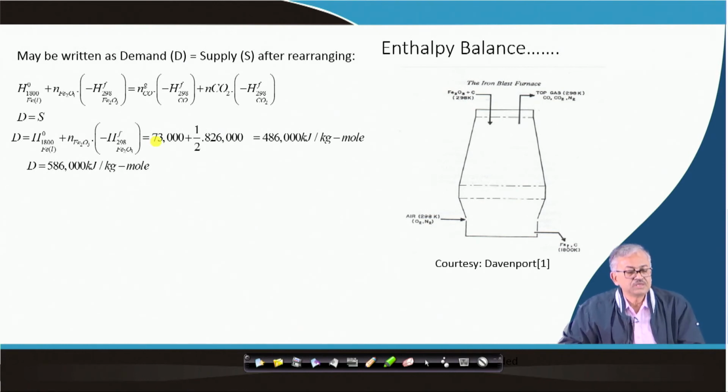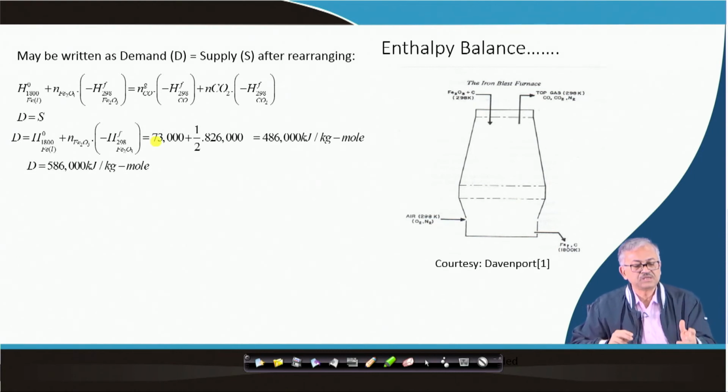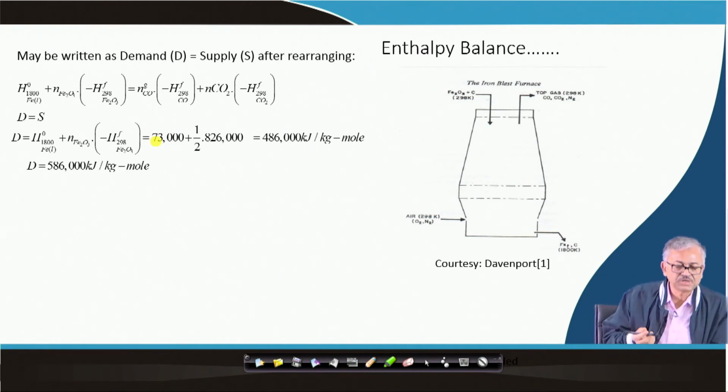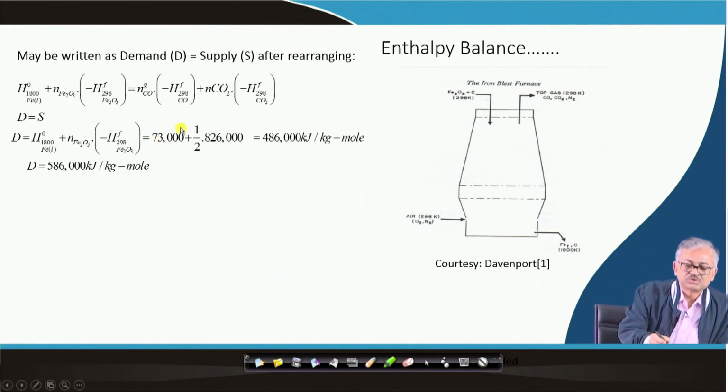Now, basically you take iron at 298 to iron at 1873 and also add the latent heat and all these things, because you have to make it liquid. So, this is the total enthalpy of the liquid iron, and this is the decomposition of Fe2O3.